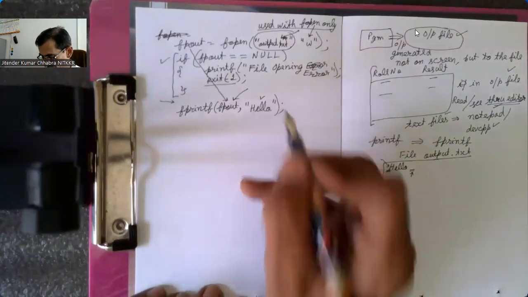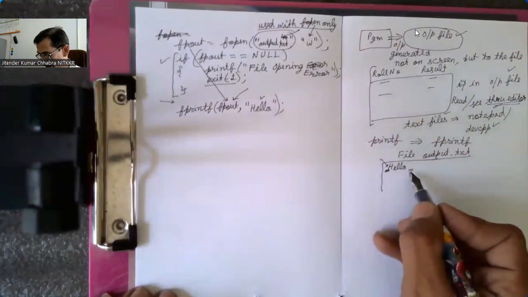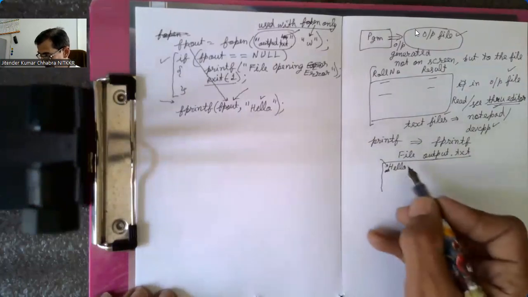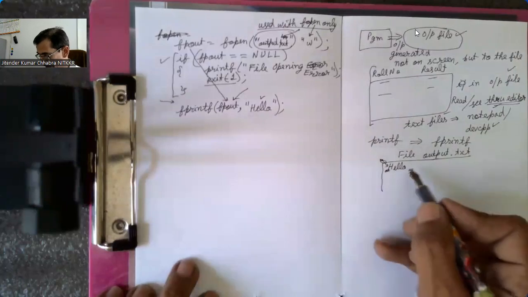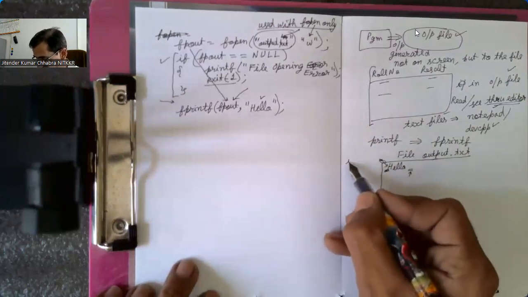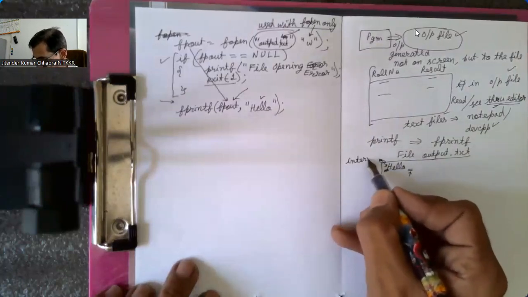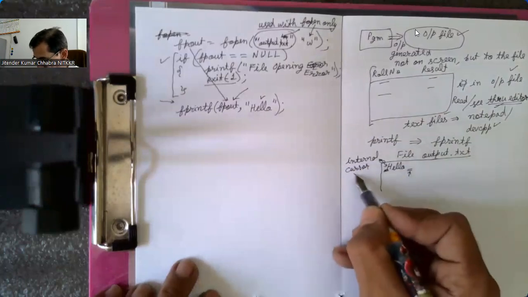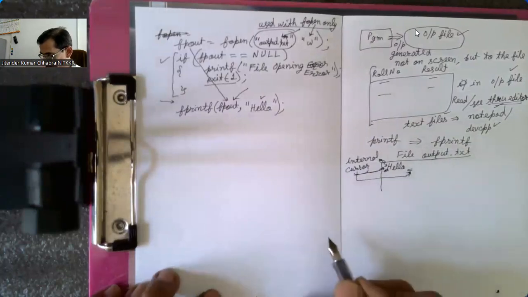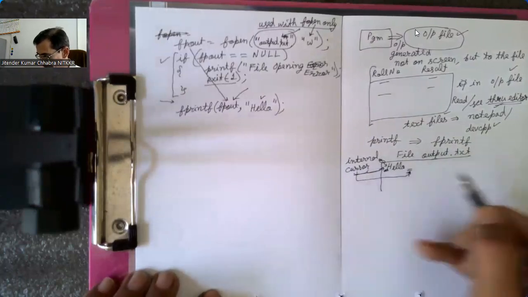So if you have written hello, this is written until your FP pointer changes. FP out is not changing. FP out is somewhere in the buffer area. So an internal cursor is used, and that cursor was initially here. Now it has shifted. That cursor will tell where the data will be written.